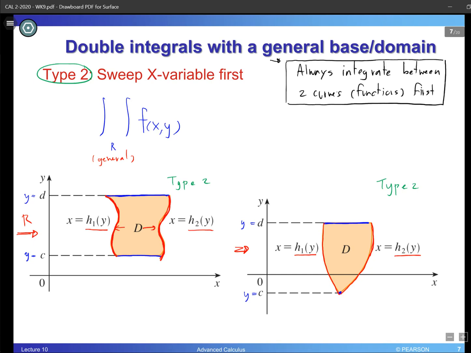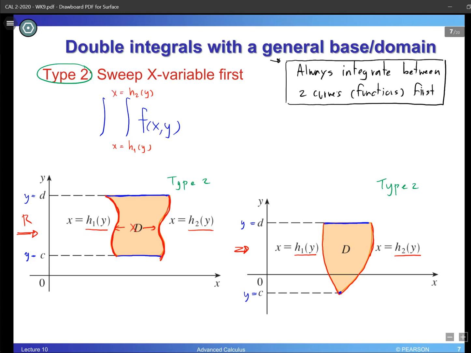I'm going to erase this. We are going to integrate between two curves first, so the first one from h1 of y to h2 of y. Between h1 of y and h2 of y, this is the range for the x variable. We are talking about the boundaries for the x direction, so we have x equal to h1 of y and x equal to h2 of y.